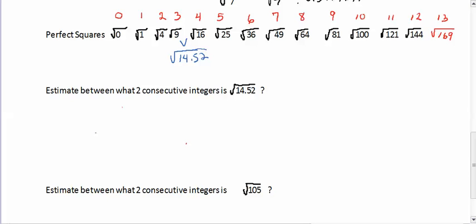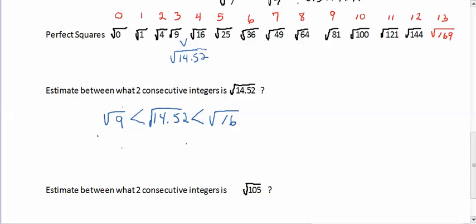So it is between, so we have the square root of 9, and then we also have the square root of 16. It lies between here. It's bigger than the square root of 9, but it's less than the square root of 16.